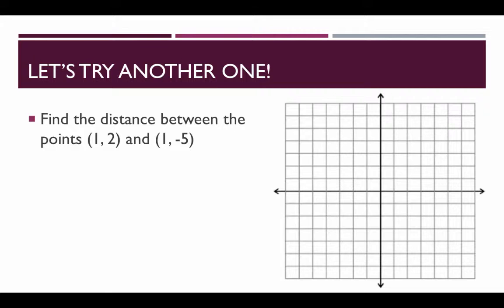Let's do another one. Let's find the distance between the points 1, 2 and 1, -5. So for 1, 2, we're going to go over 1, up 2. And 1, -5, we're going over 1, down 5. Graphing those two.